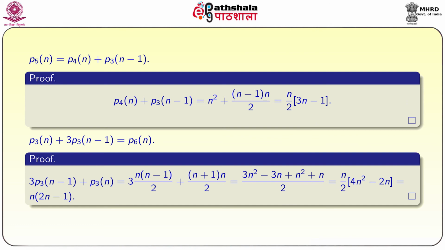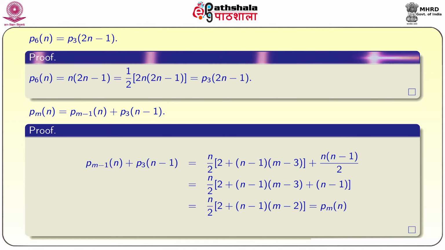Similarly, we have other results, that P3 of n plus 3 times P3 of n minus 1 is equal to P6 of n, that is the nth hexagonal number. Again, the proof is straightforward, we just need to calculate 3 times P3 of n minus 1 plus P3 of n, and we will end up with P6 of n.